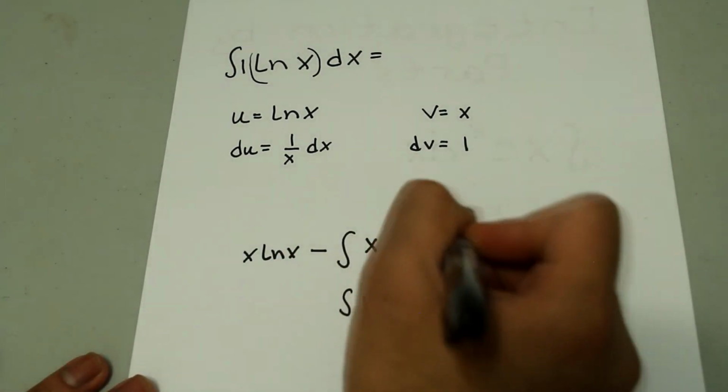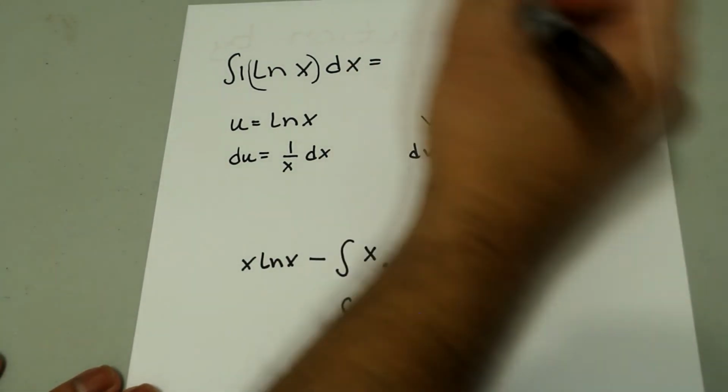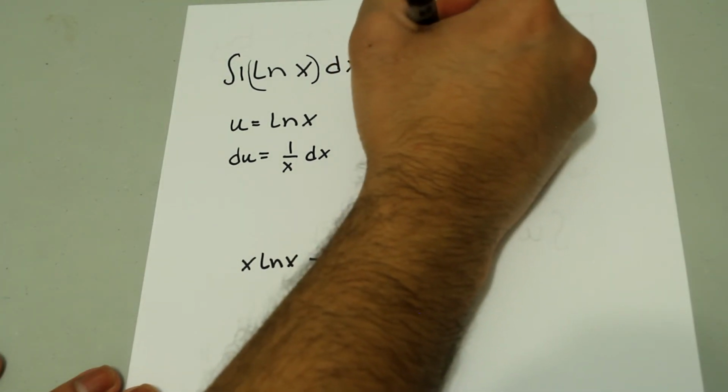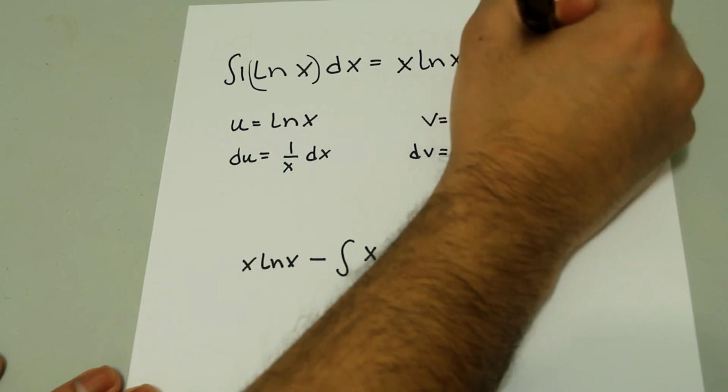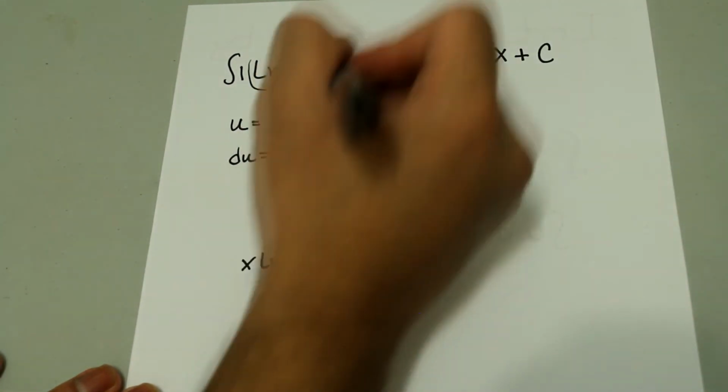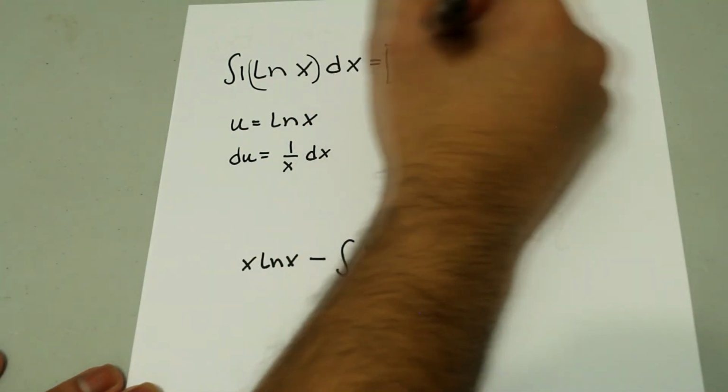So the final answer is going to be x natural log of x minus x, and once again don't forget the plus c since it is an indefinite integral, and that is the final answer.